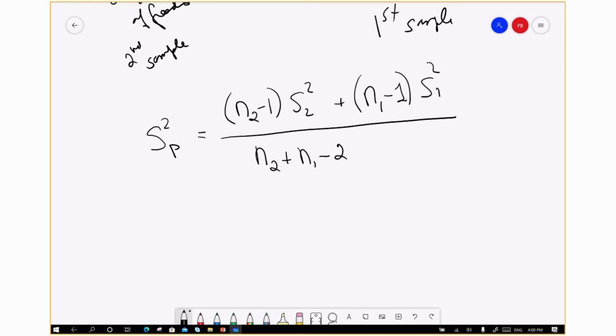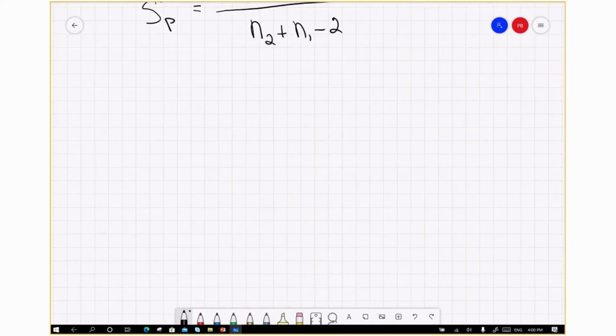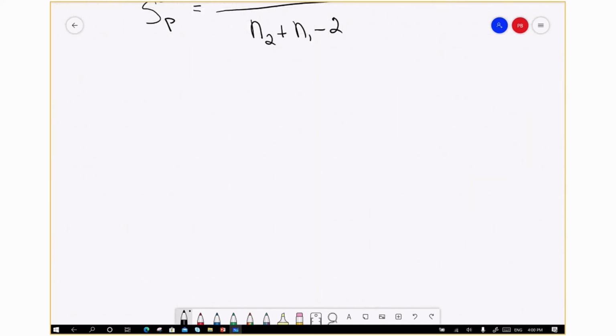So let's think about doing an example where we've got these two different populations. So we've got population 2, and we take a sample of n equal to 12. We determined that the sample mean of the second population was equal to 110, and the variance of the sample for the second population was equal to 240.